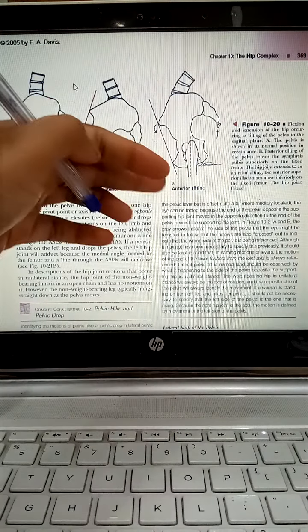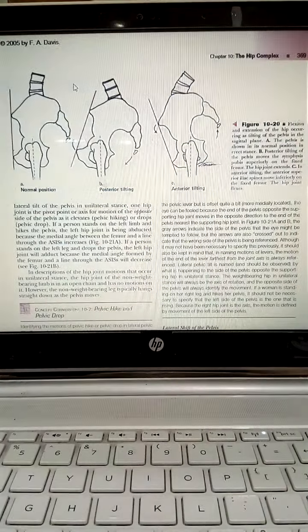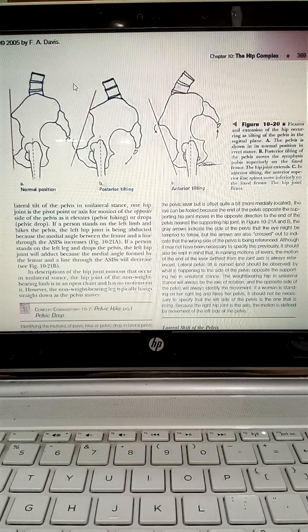So this will happen in anterior tilt. Anterior tilt results in hip joint flexion. So these are the changes which occur in anterior and posterior tilting.